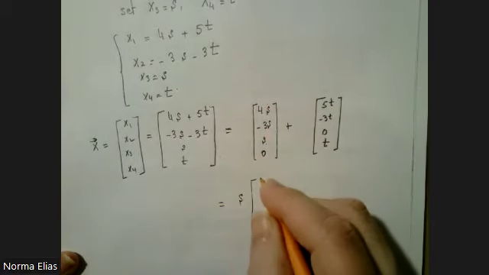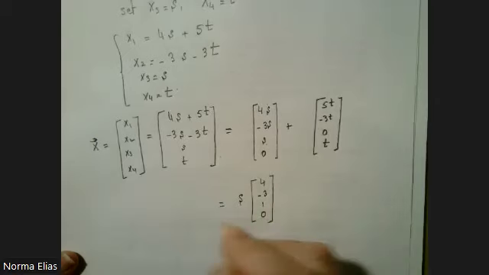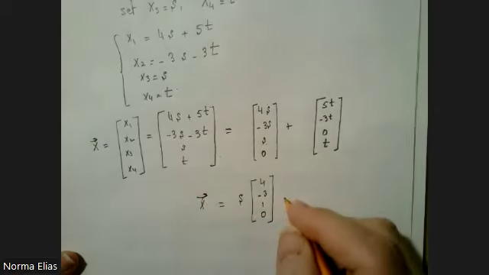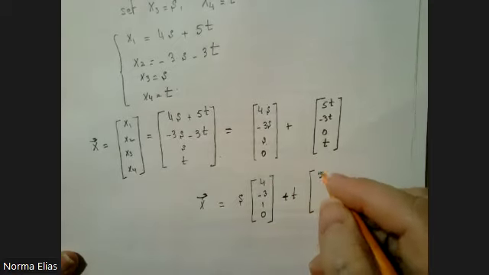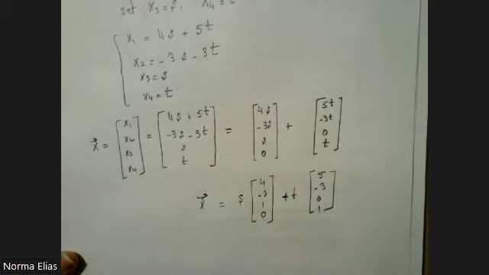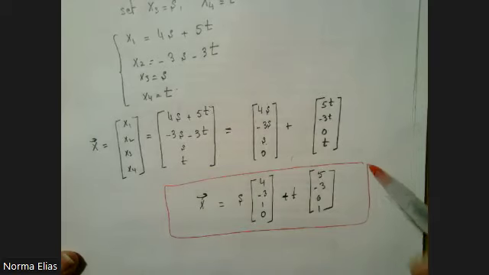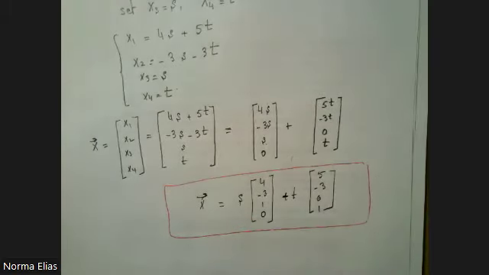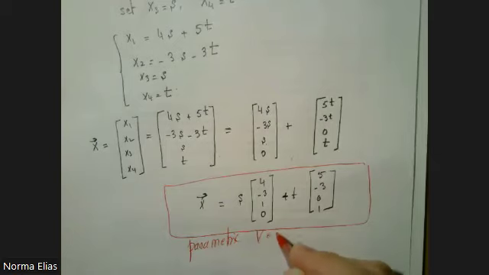That gives me x equals s times (4, -3, 1, 0), plus t times (5, -3, 0, 1). This is what we call the parametric vector form of the solution.